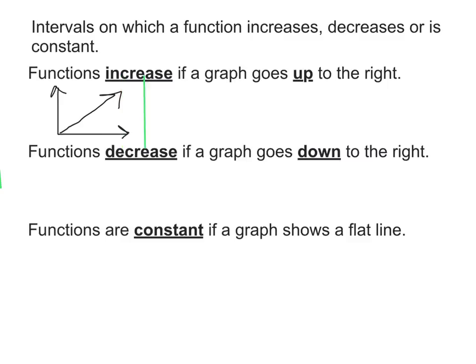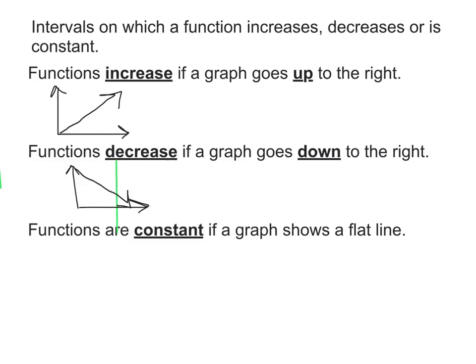Okay, let's look at another graph. We're going to again draw a positive y-axis, a positive x-axis. In this case, we're going to have a line that when you read it from left to right, goes down to the right. And when a function goes down to the right when reading from left to right, that function is decreasing.